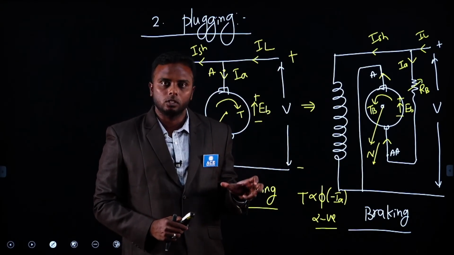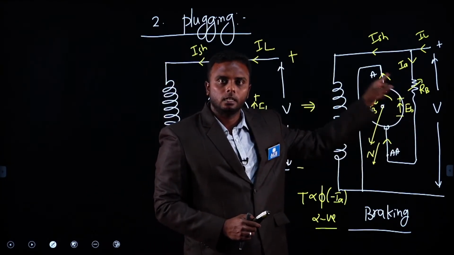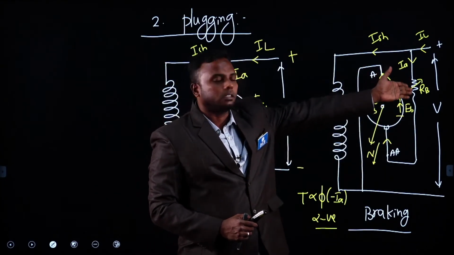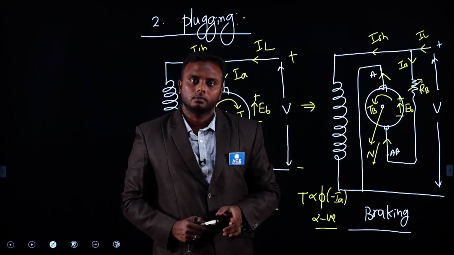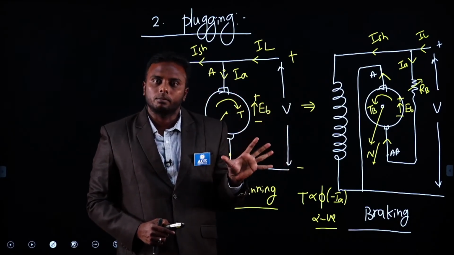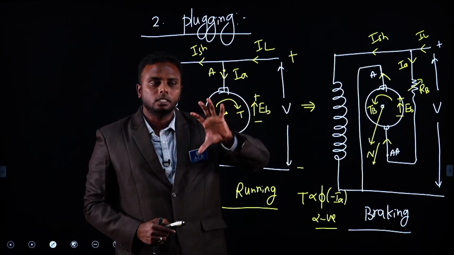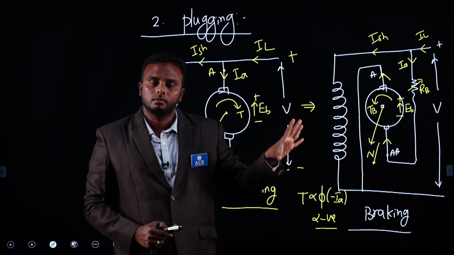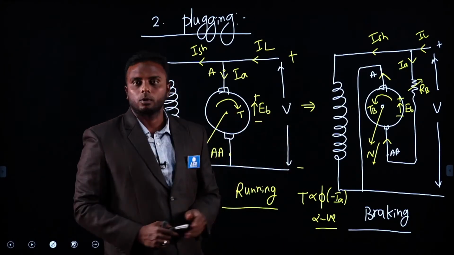But after coming to 0, it won't stop there itself. Now this motor will try to rotate in reverse direction because the supply is still there. But in the previous dynamic braking, what is happening? We are not giving any supply to the armature, just the armature connected to a resistor. So once EMF is 0, everything is 0 there, and after that it won't rotate again in reverse. But in plugging, that is the problem.